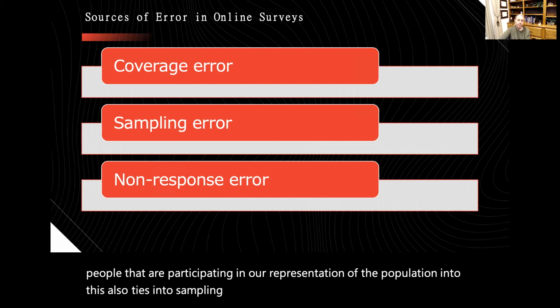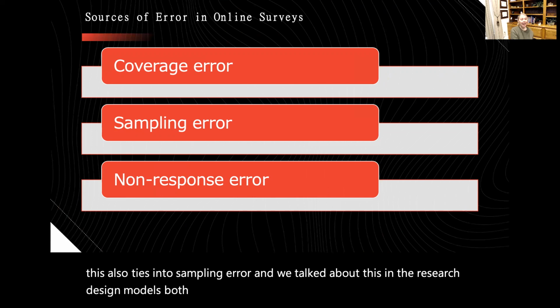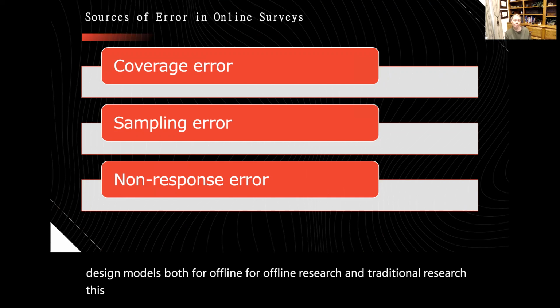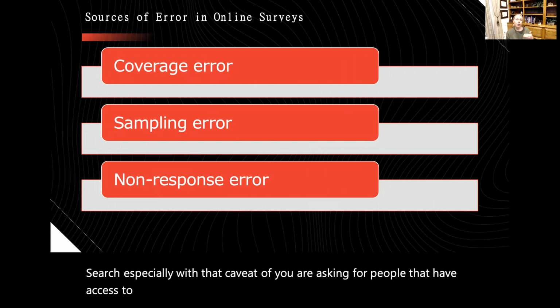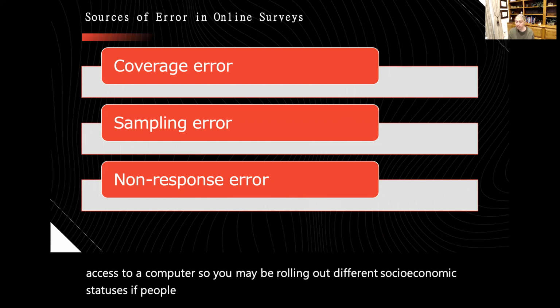We talked about this in the research design modules, for both offline and traditional research, and it very much applies to online research, especially with the caveat that you are asking for people that have access to a computer. So you may be ruling out different socioeconomic statuses, different people who may prefer not to use technology.